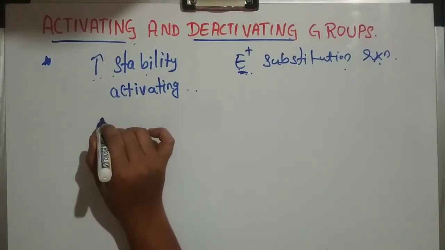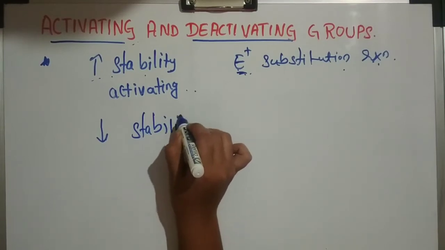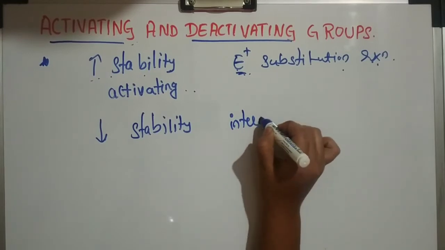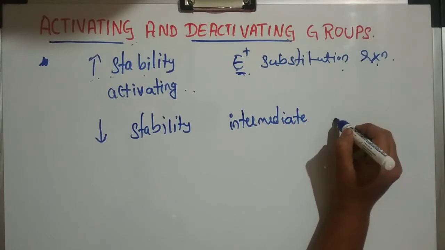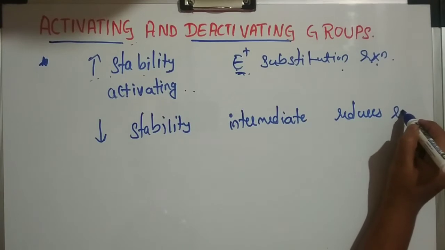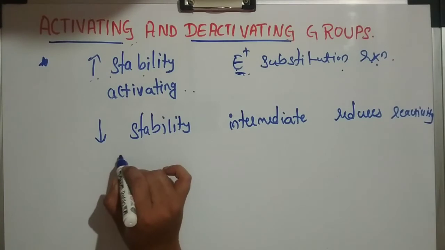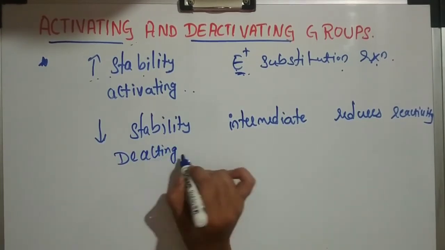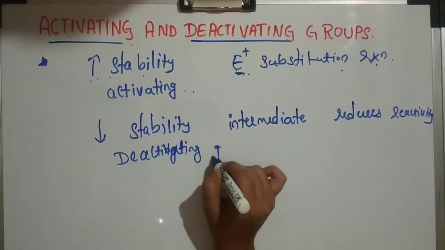Similarly, if a group reduces the stability of the intermediate, thereby reducing the overall reactivity, then it can be termed a deactivating group. In definitions we can say like this.